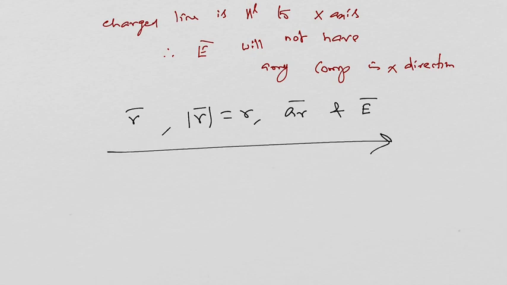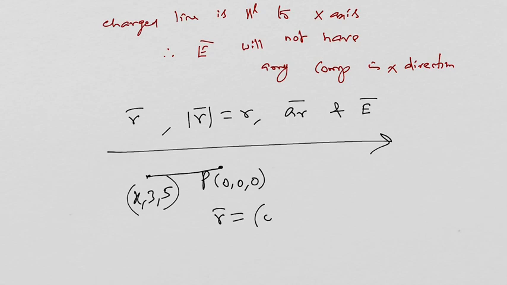So I'll start with point of observation at the origin. The source is located at x comma 3 comma 5, right? Between these 2 points, I have to establish what is called the R vector. So R vector is 0 minus 3. I told you already X need not be considered because this infinite straight line conductor is situated parallel to X axis.